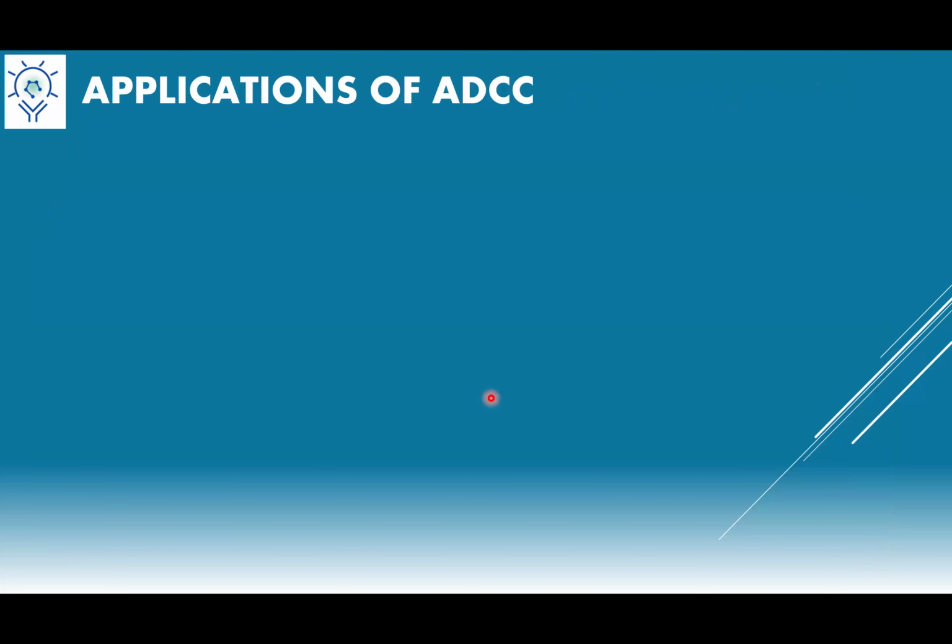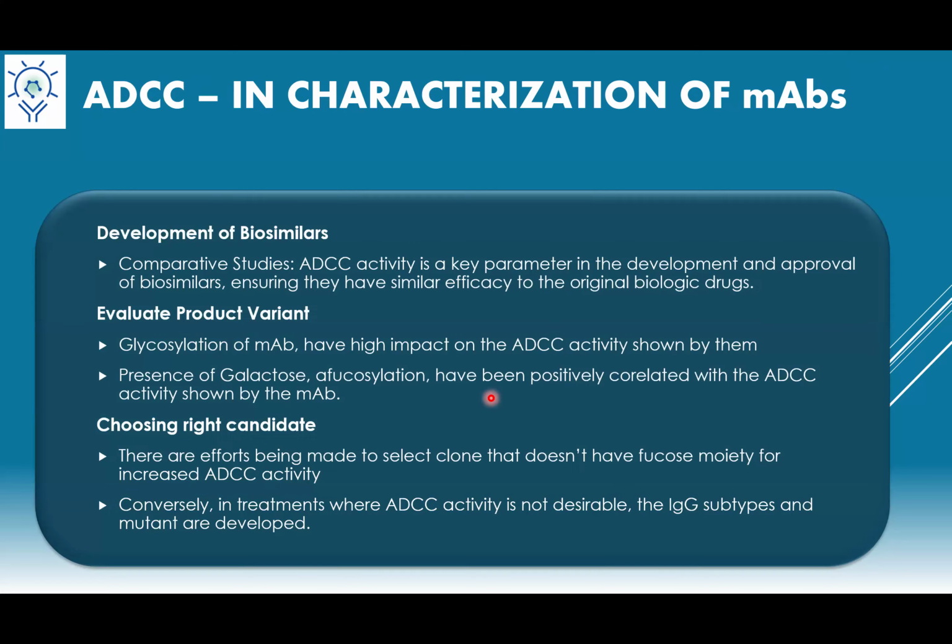Let's look at the other. Aditi, there is a question here. Yeah, we have a question from Shalaka, and she's asking which type of glycosylation enhances ADCC. She has read that afucosylation enhances ADCC. That's correct. So yes, presence of galactose and afucosylation.